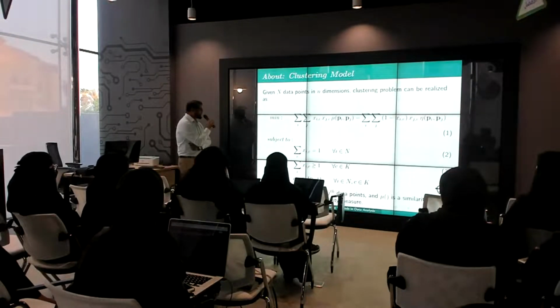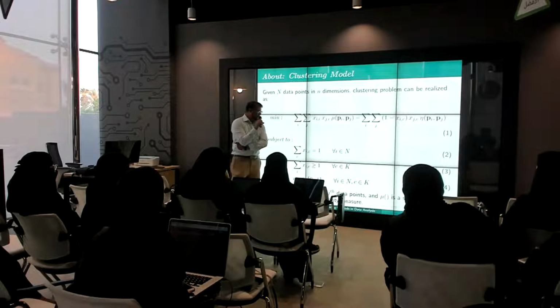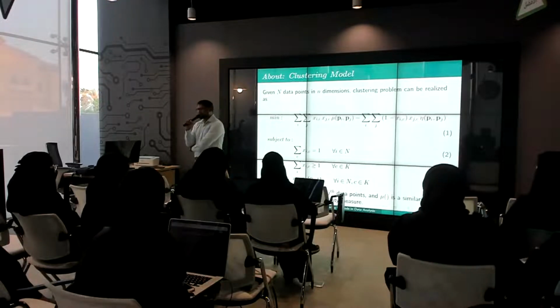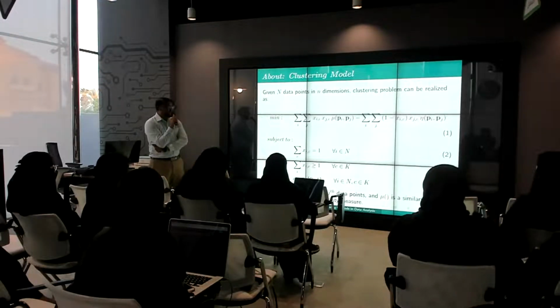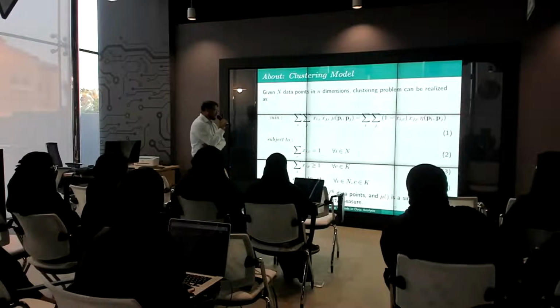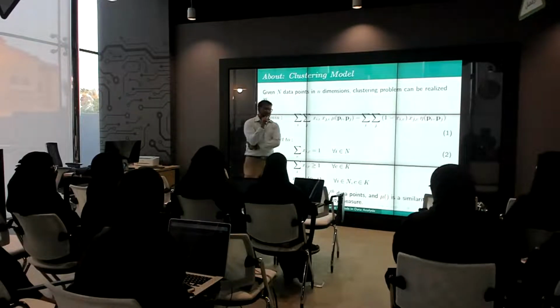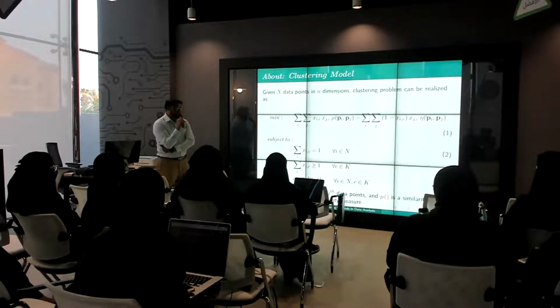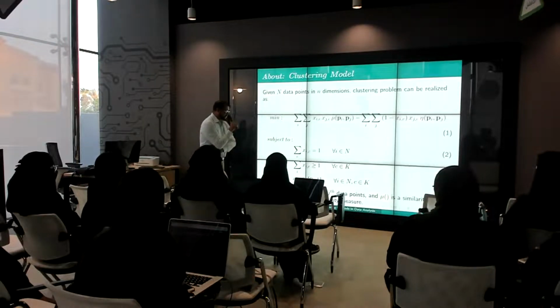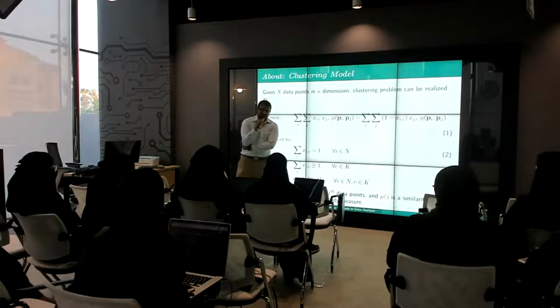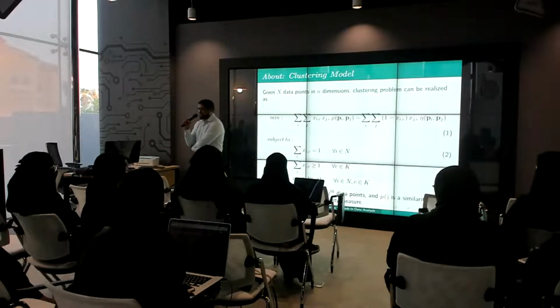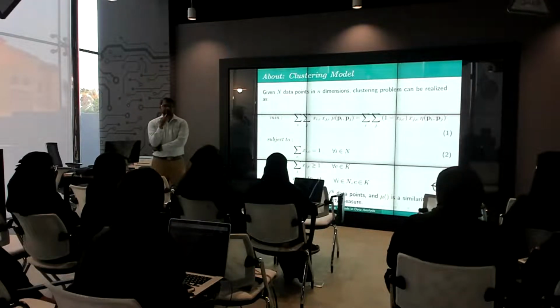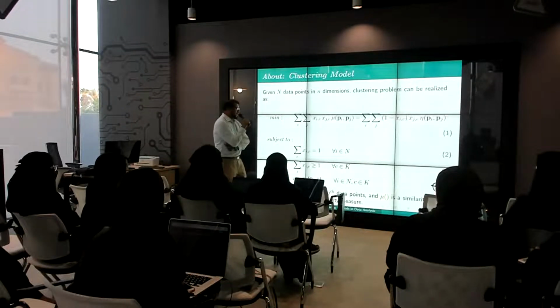So we'll start with the basic mathematical model that we can have for clustering. Data analysis is an area where people from different areas jump in. Most of you are from computer science, maybe from electrical engineering, maybe from business, maybe from industrial, but you have people from different areas jumping into data science, and everybody has a part in it.